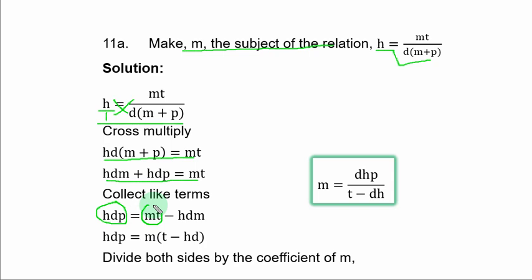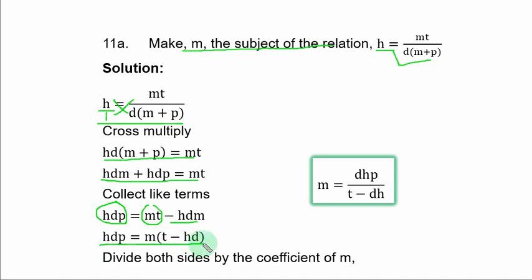MT is already here. If you transfer plus HDM, it becomes minus HDM. In the right hand side, you factor out M. So you have HDP equal to M bracket open T minus HD bracket close.